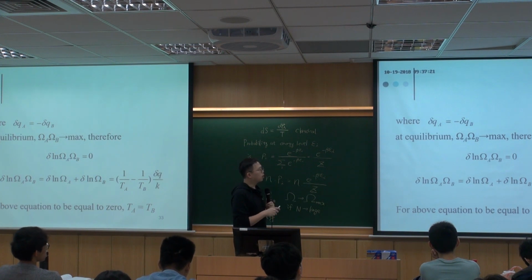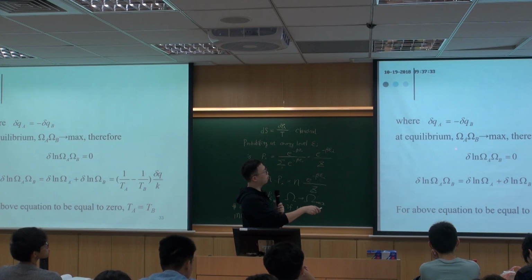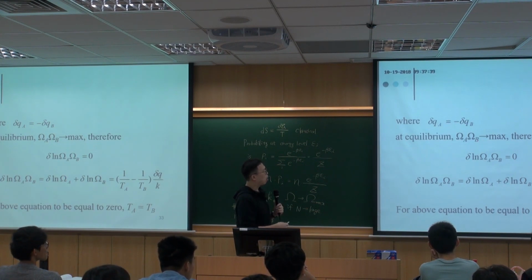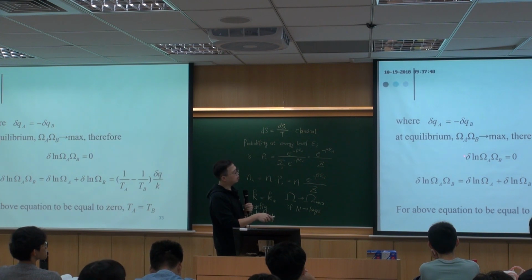And furthermore, at equilibrium, like I just mentioned, if you consider the whole system, the multiplicity or the randomness of the system should be maximized. Therefore, we know that the product of omega A and omega B should be maximized. Or you can say log of omega A times omega B should be maximized. Therefore, delta log omega A omega B should be 0.